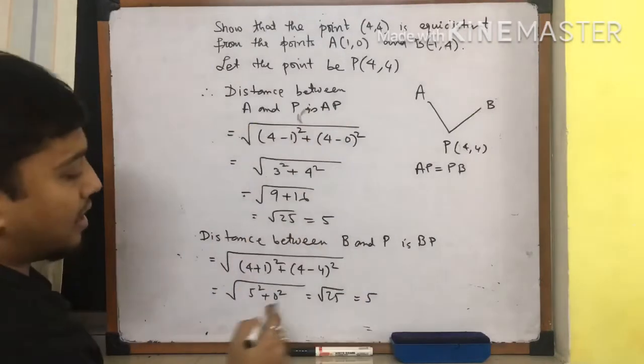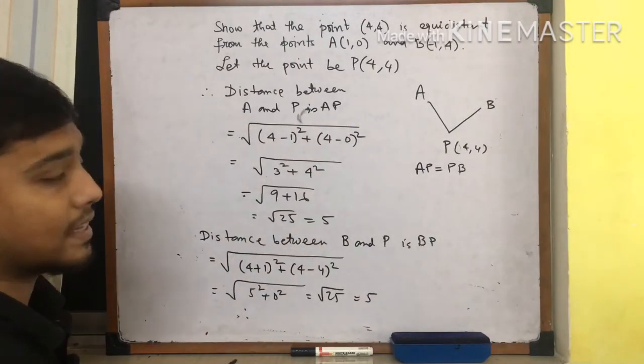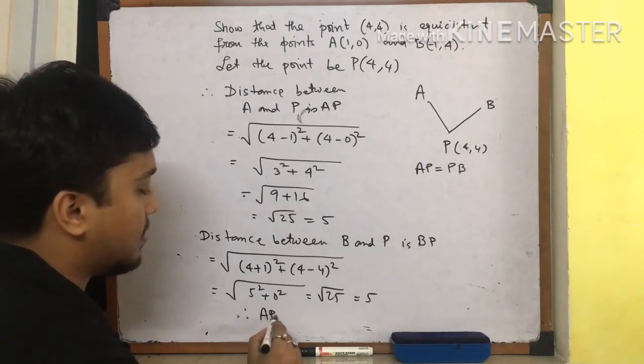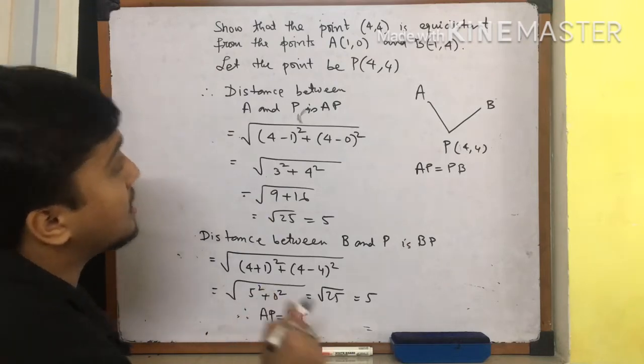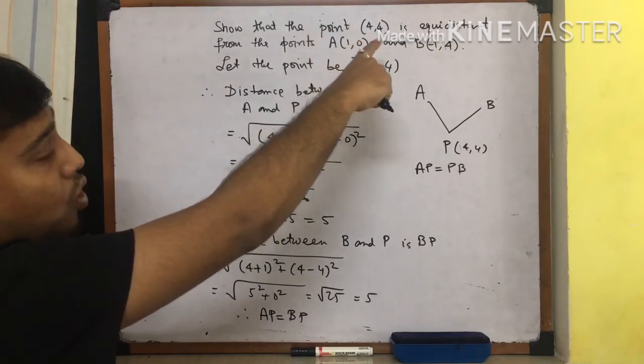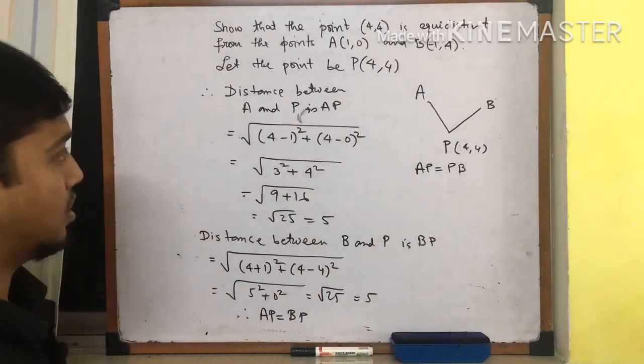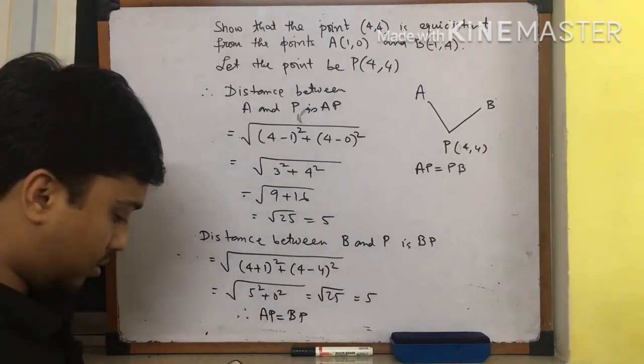Therefore, the lengths of AP and PB are equal. Therefore, AP is equal to BP. That is, it is proved that the point (4, 4) is equidistant from the points A and B. Hence proved.